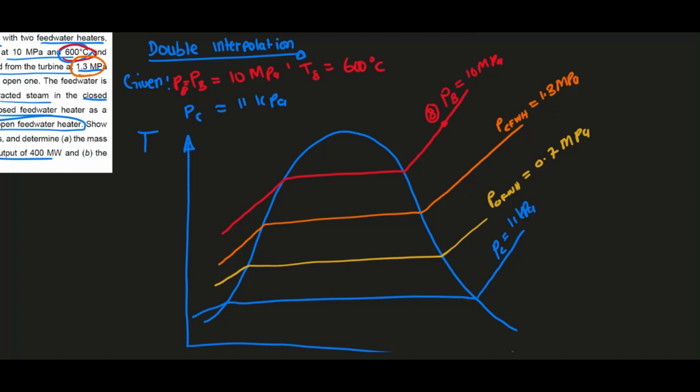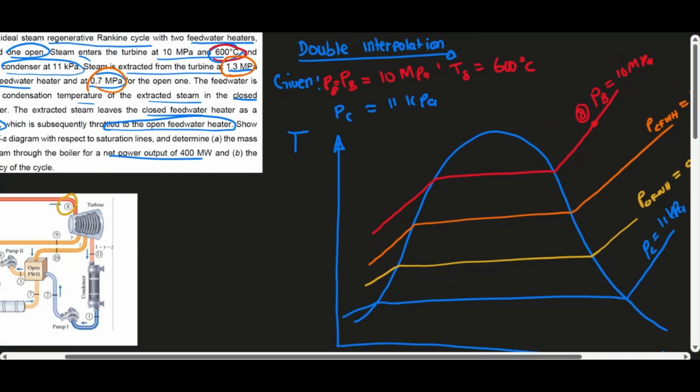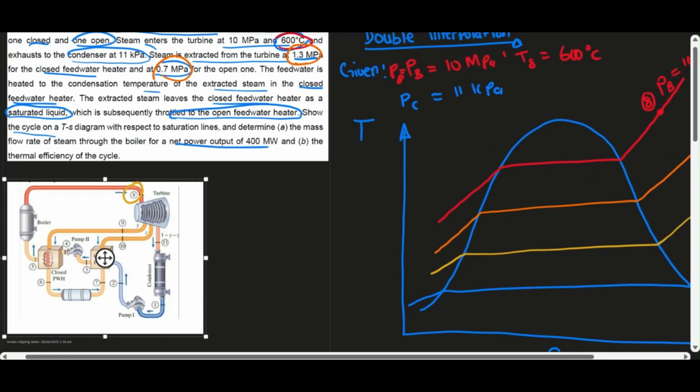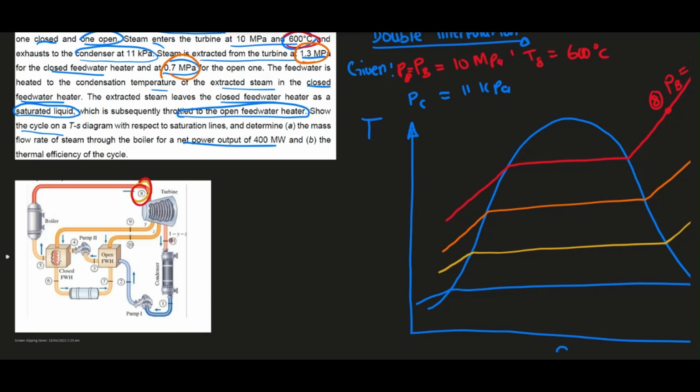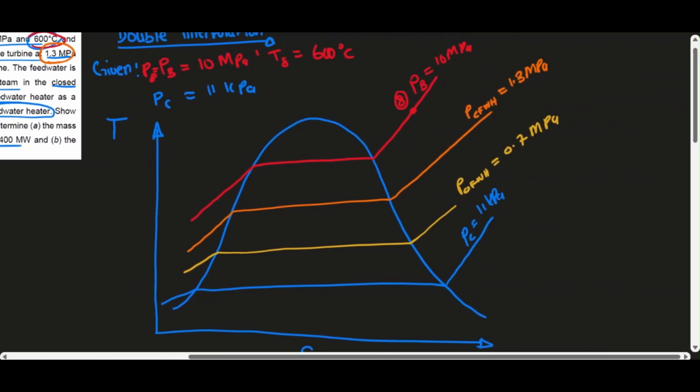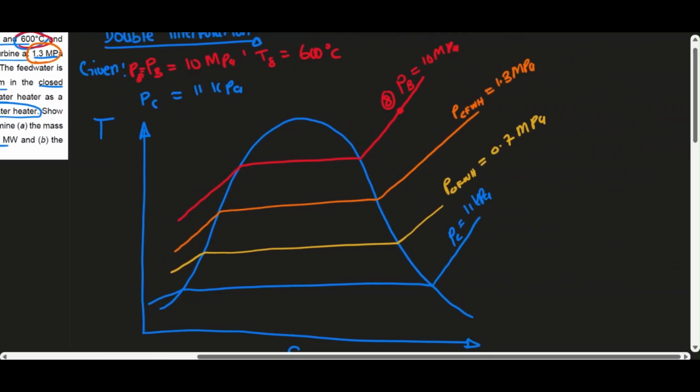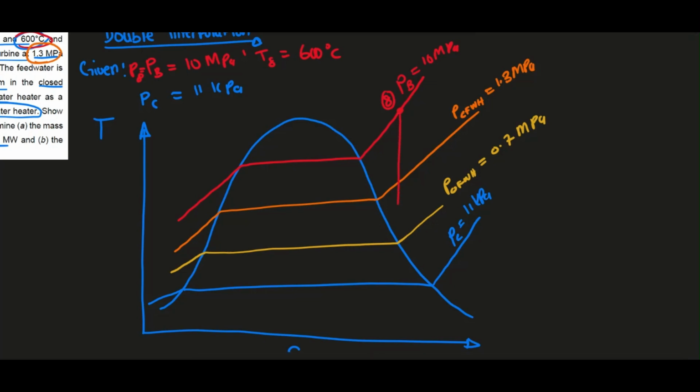So I'll draw a vertical line to indicate expansion in the turbine from pressure 8 to pressure 11. Okay, so that will go like that.